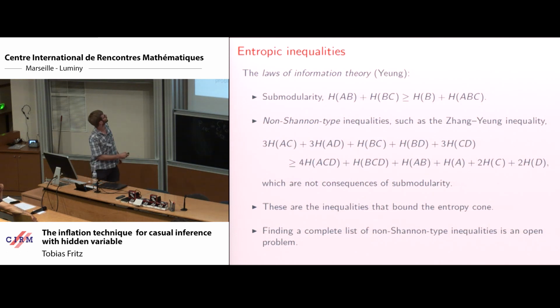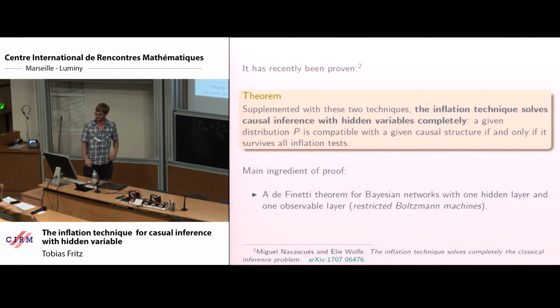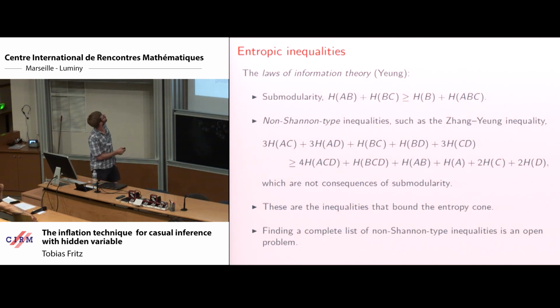Okay, now let me get to a bit more speculation towards the end, namely entropic inequalities. So there's some hope, maybe it's a bit more wishful thinking, that one could use also these techniques to derive entropic inequalities. So let me give a brief introduction.